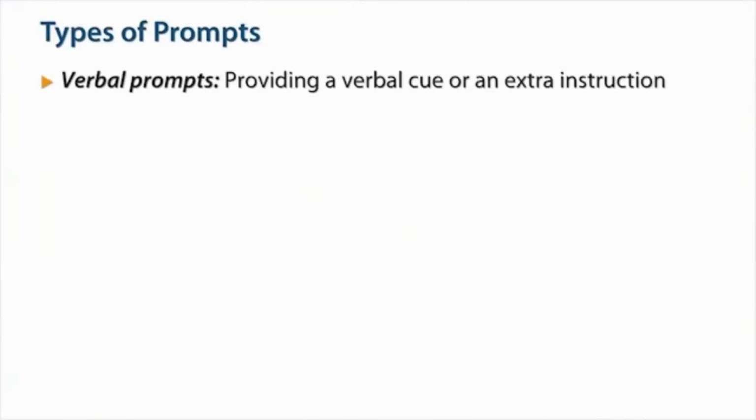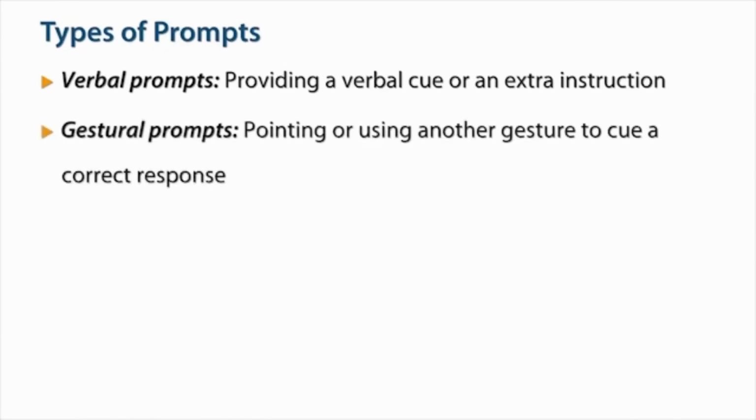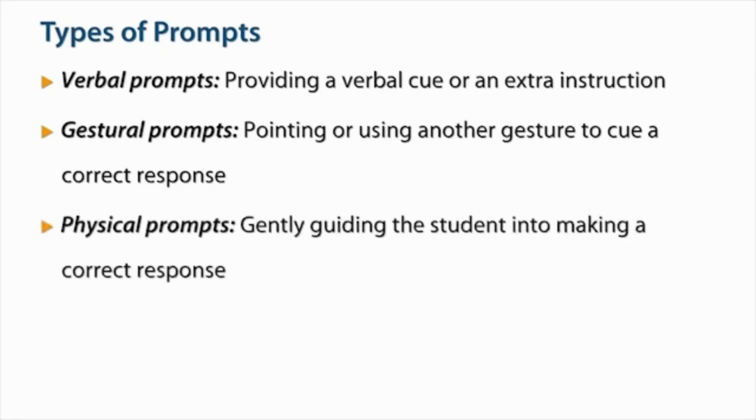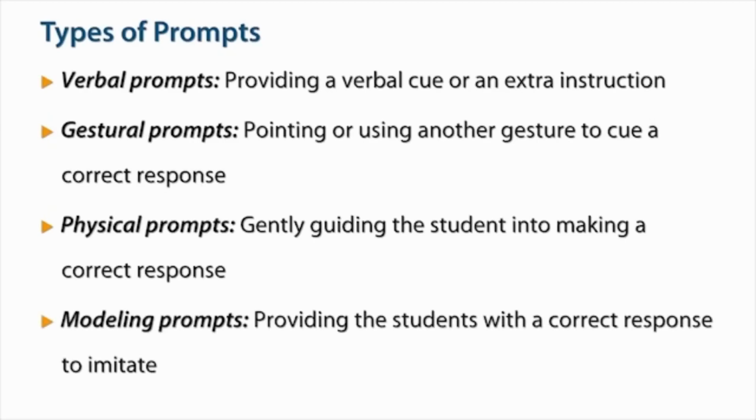But in this section, I want to go over the most common types of prompts that you'll use in your work. Verbal prompts, like the one I used with my son to help him with the pledge. Gestural prompts, that is, pointing to cue the correct behavior. Physical prompts, where you gently guide the student into the correct behavior. And modeling, providing the student with something to imitate.